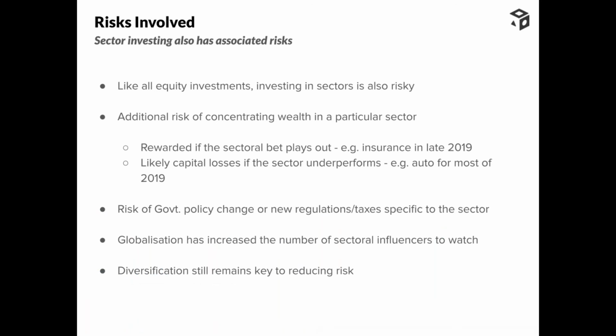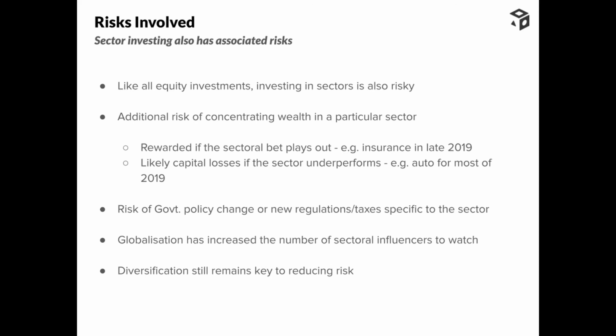See, the first thing is that, like all equity investment, investing in sectors is also risky. But in addition to that, there are a couple of things which make investing in a particular sector even more, I would say, something that people need to be careful of, is that when you are investing in a particular sector, you are putting all your money in that particular sector.